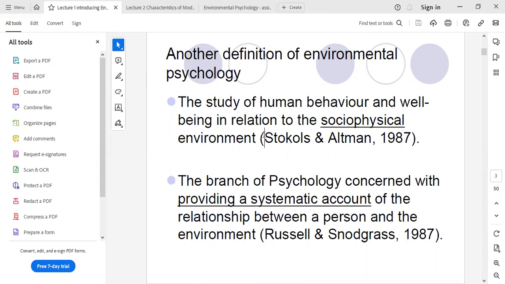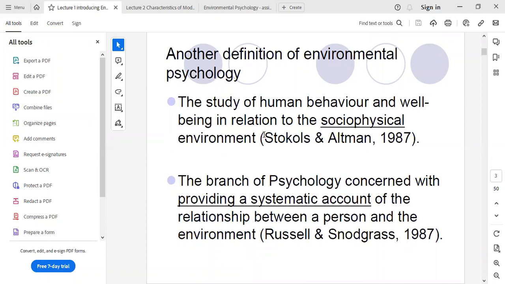But then looking also at Russell and Snodgrass, 1987, the branch of psychology concerned with providing a systematic account of the relationship between a person and the environment, providing a systematic account. Remember, we are scientists. Whatever approach we take, or whatever methods we employ to study any concept, we will adopt scientific methods.